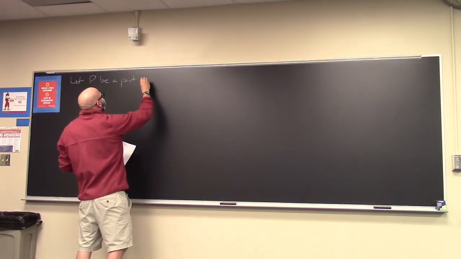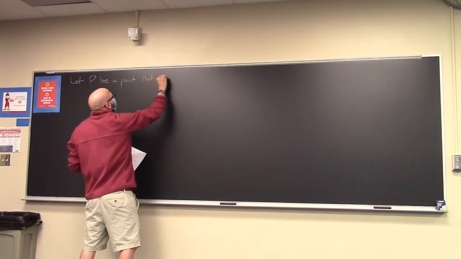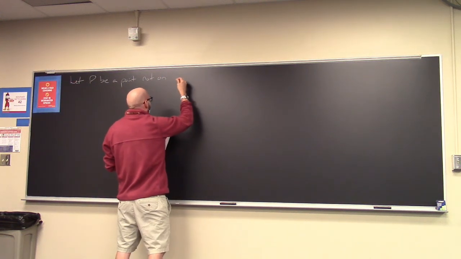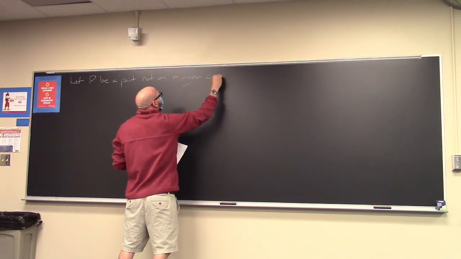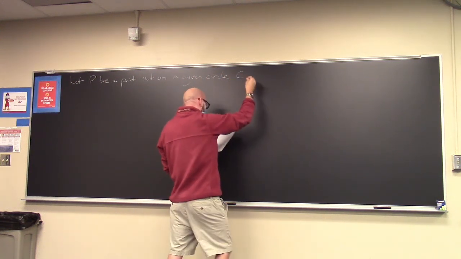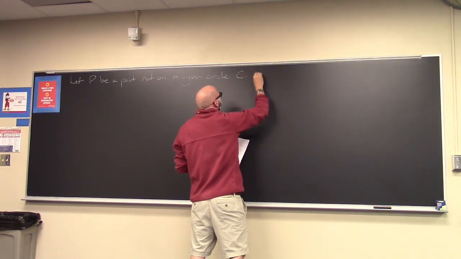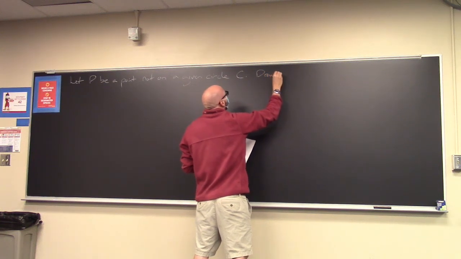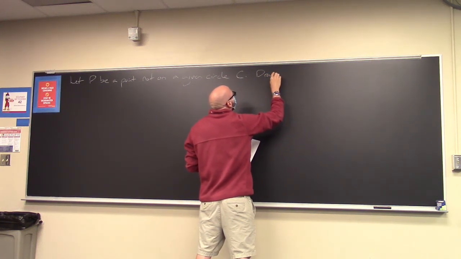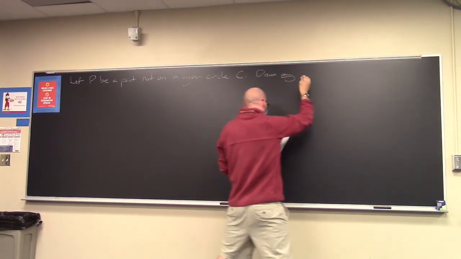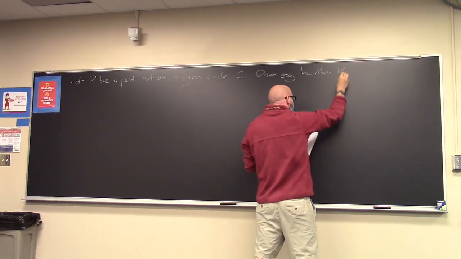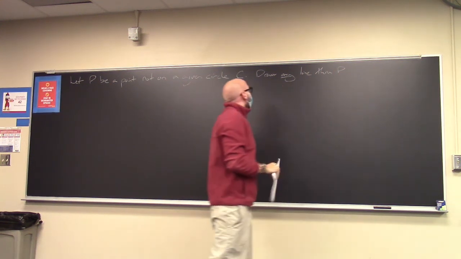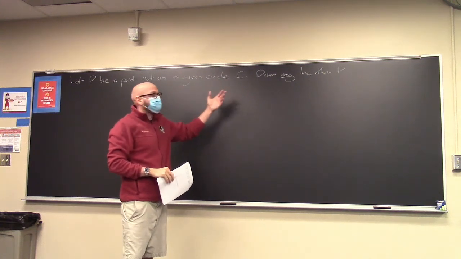Anyway, let P be a point not on a given circle C. And what we'll do is we'll draw any line through P. So I'm going to draw this line so that it actually intersects the circle.